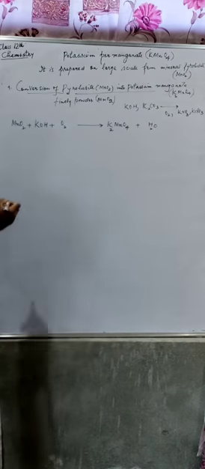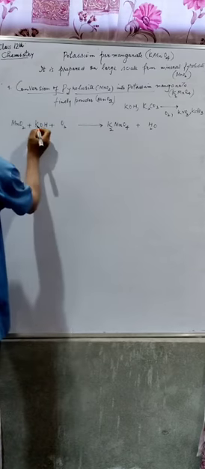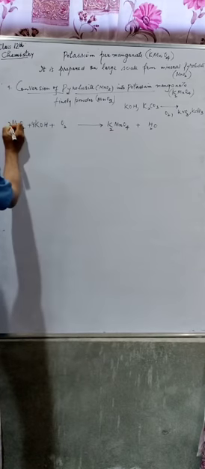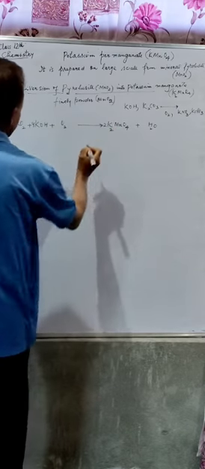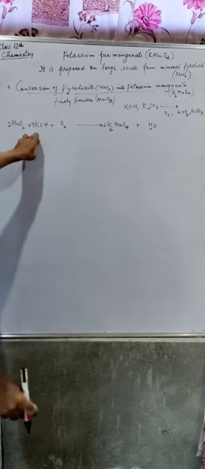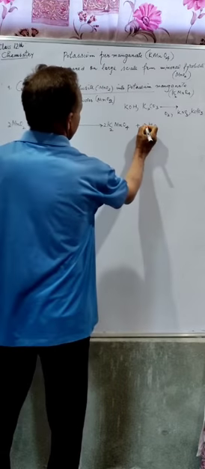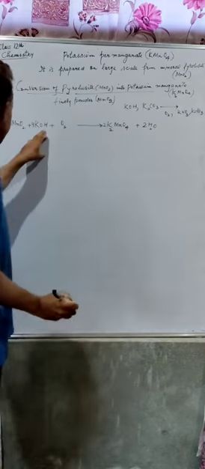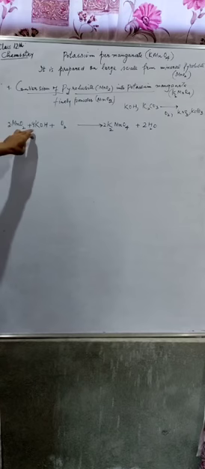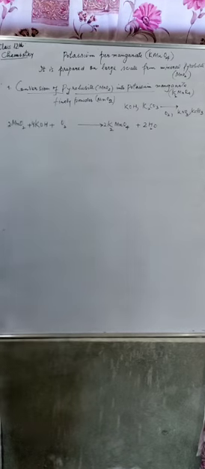Now we will balance it. It is 4 times, 2 times and 2 times, and then 2 times, 2 times, 4 times, 4 times. Now we have hydrogen 4 times twice, and the reaction gets balanced.